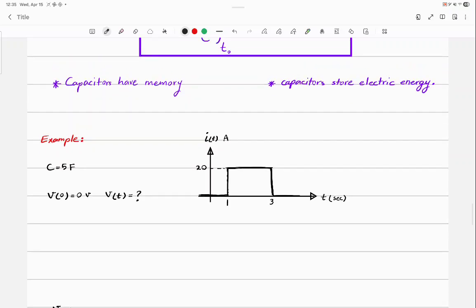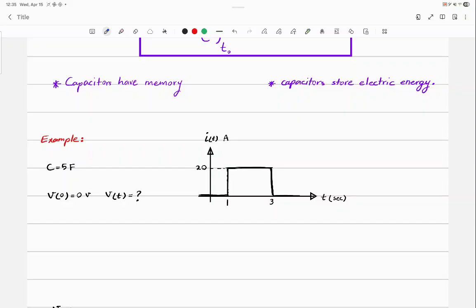Okay? Let's do this and see what happens. So, which one is given to you? I. Can I use the main equation of the capacitor? No, because that was I equals C dV over dt. So I should use the opposite of differentiation, which is the integral form.